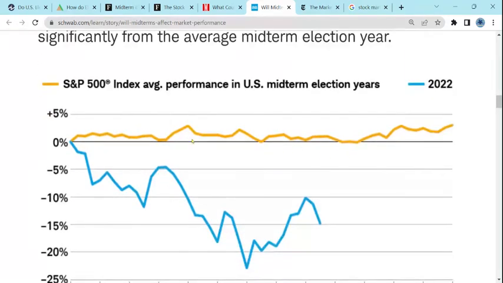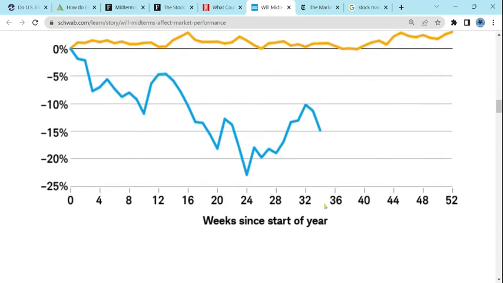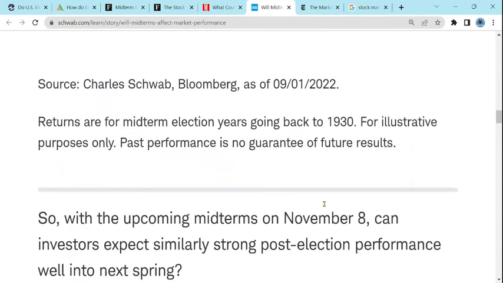We can see the yellow line here is the S&P index average performance in U.S. midterm election years. We can see in 2022 it has underperformed significantly, weeks since the start of the year. So you can see in 2022 it's underperforming the average for a midterm year.